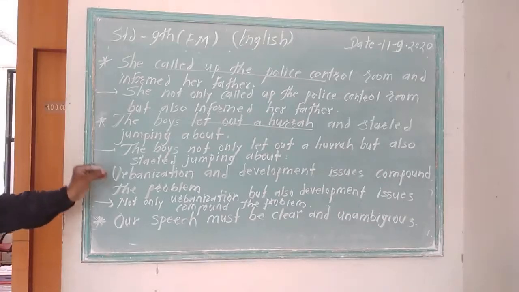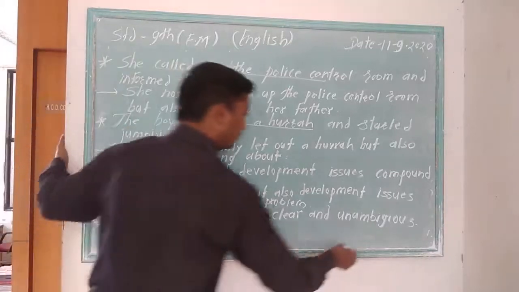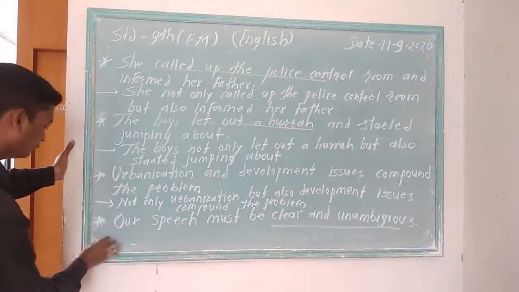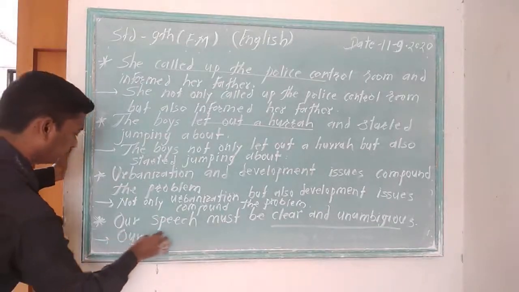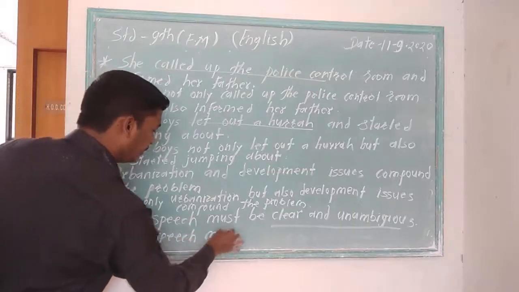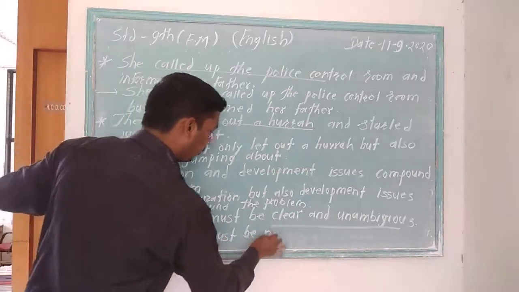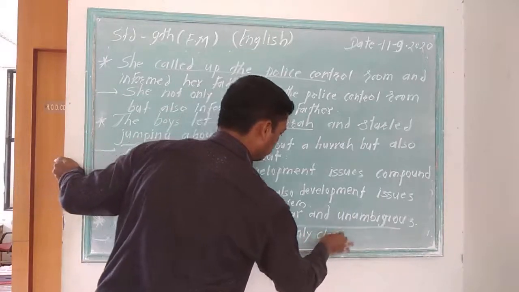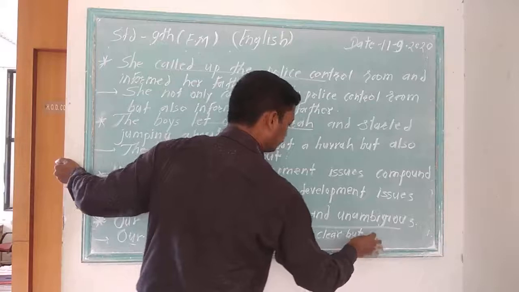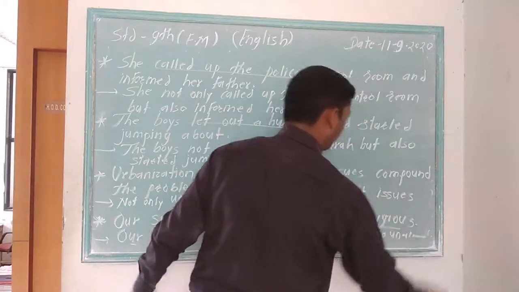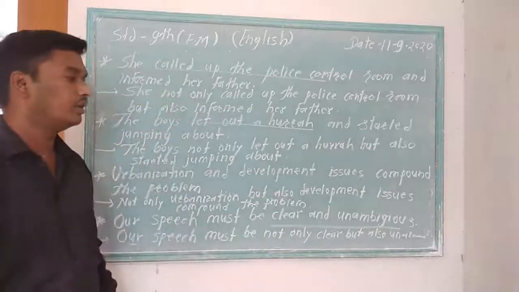Our speech must be clear and unambiguous. Here, "clear" and "unambiguous" should be joined with "not only... but also". Our speech must be not only clear but also unambiguous.